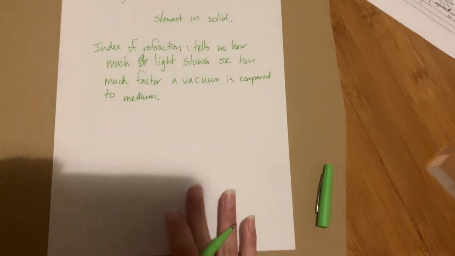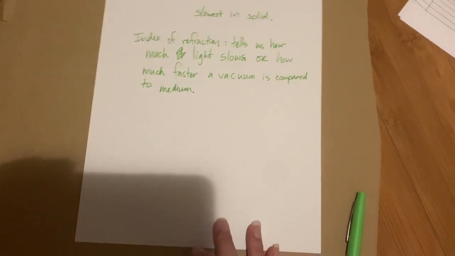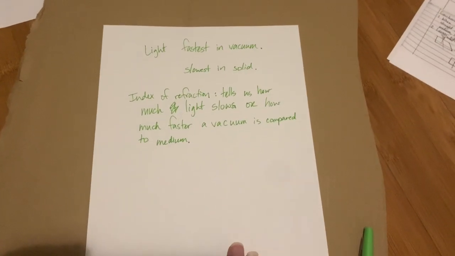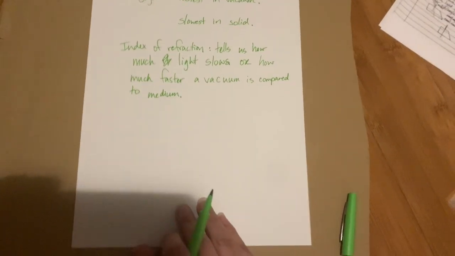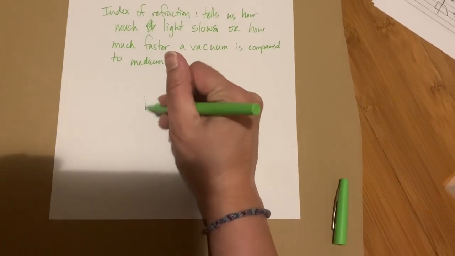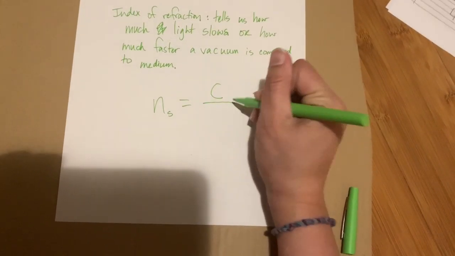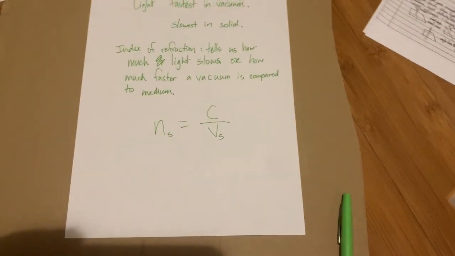Since it's how much more, or how much faster, how much slower, this is a ratio. It's just going to be a number. It's going to be like 5 times or 2 times or something like that. And so I'm just going to go ahead and give you the equation. Like so.